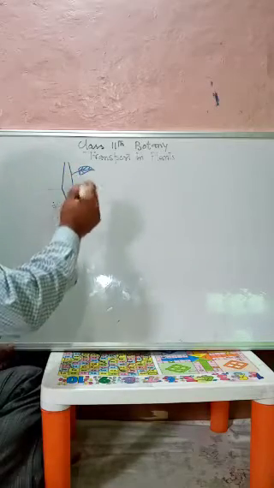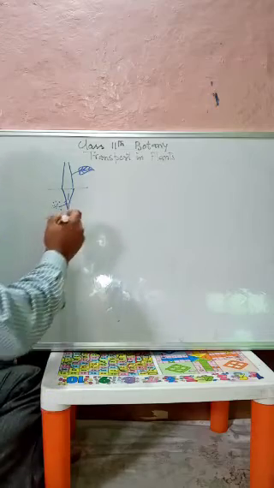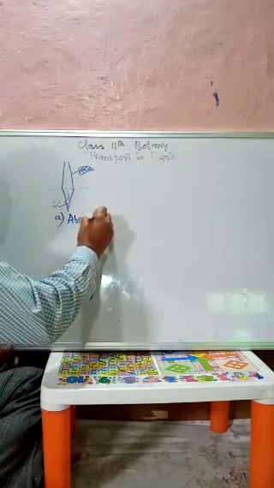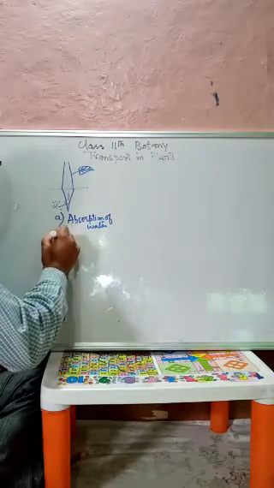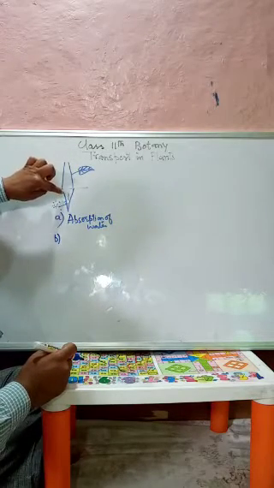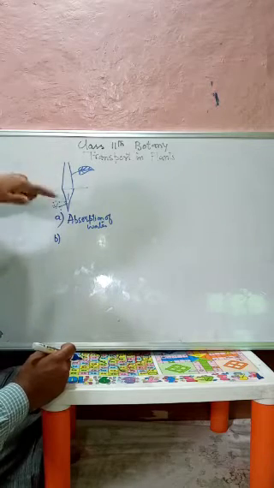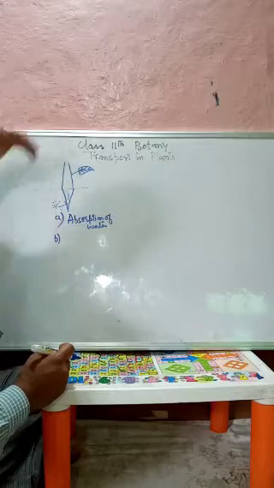So in this whole process, we have two processes. First is the absorption of water. Second is how this water, when it reaches inside towards the xylem present in the roots, is then taken upwards to the aerial parts of the plant.